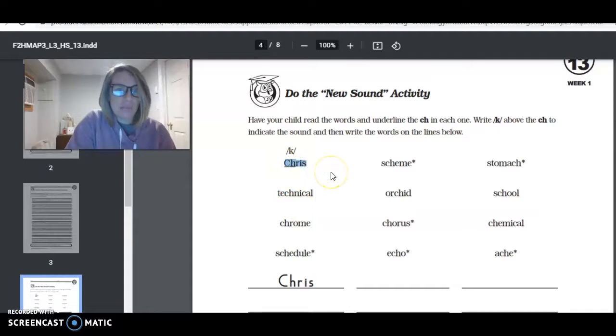What's the word? Chris. CH says k. Okay, so when I highlight the word, I just want you to read it to me. What is it? Technical. And what does the CH say? K. What's this word? Chrome, like your Chromebook. Very good. How about this one?